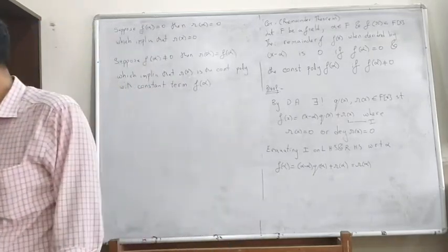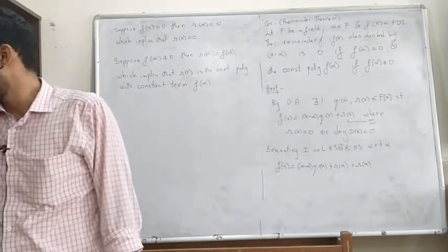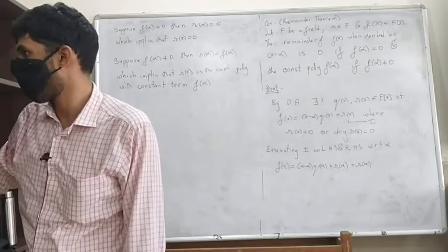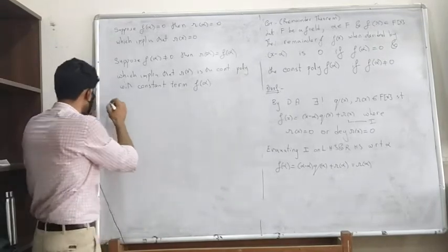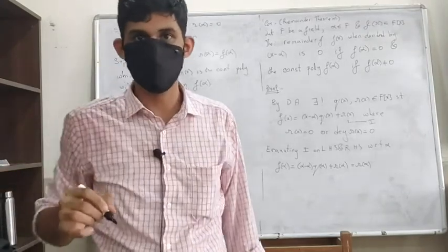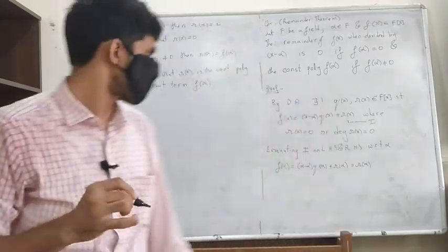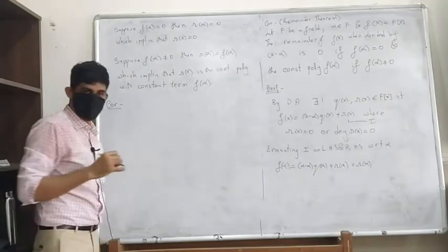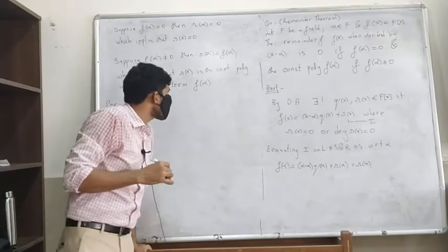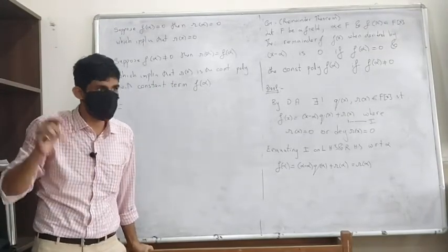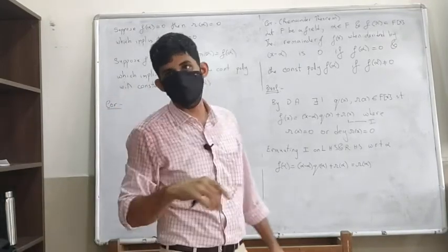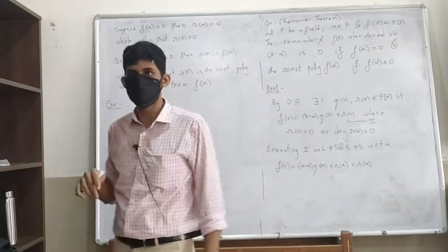That is the remainder theorem, and from this we can show that there is some relation between the 0 of a polynomial and the factor x minus alpha. Okay, what is the relation?